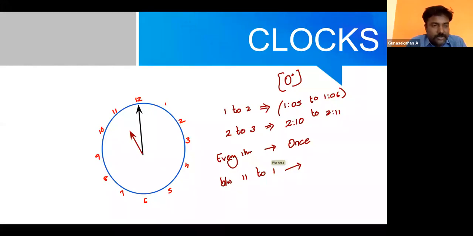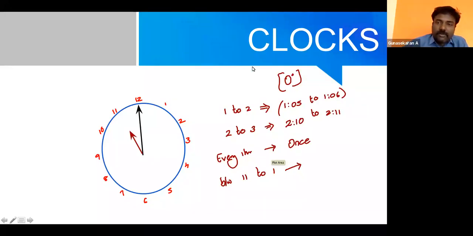Tell me those, Charan. When will it happen? 3 times means when? 1 time means when? Yeah, tell me the timings. Say approximately.